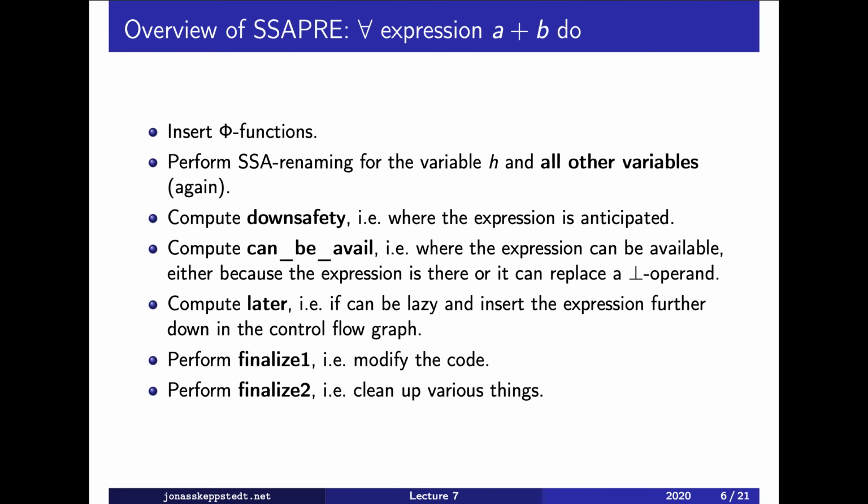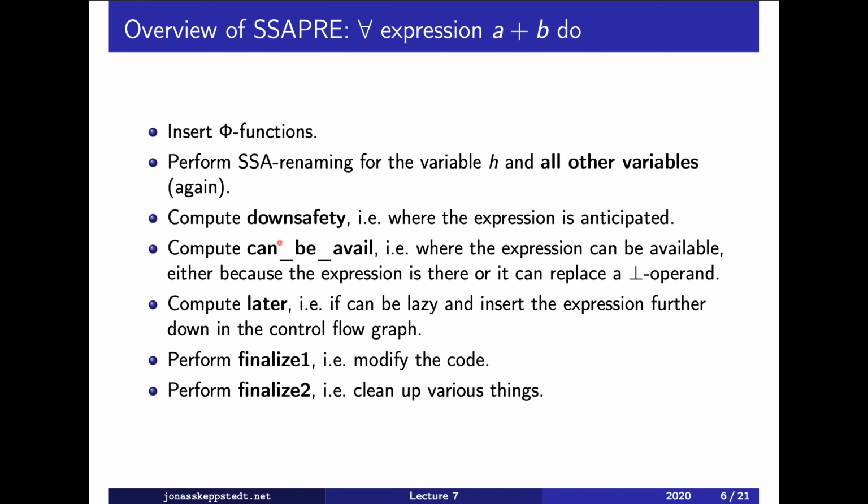Okay, so what we then do is to compute something called down safety. And the purpose of that is to be sure that we do not insert the expression unless it's certainly needed. Okay, we will come to that. And what we do then is to compute for which such phi functions the expression can be available.